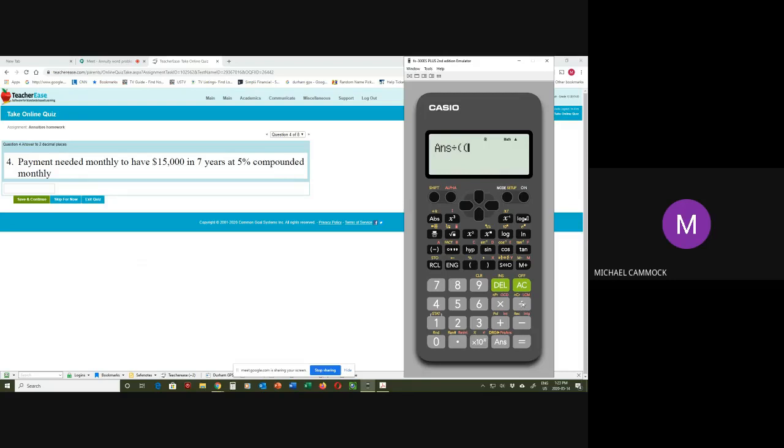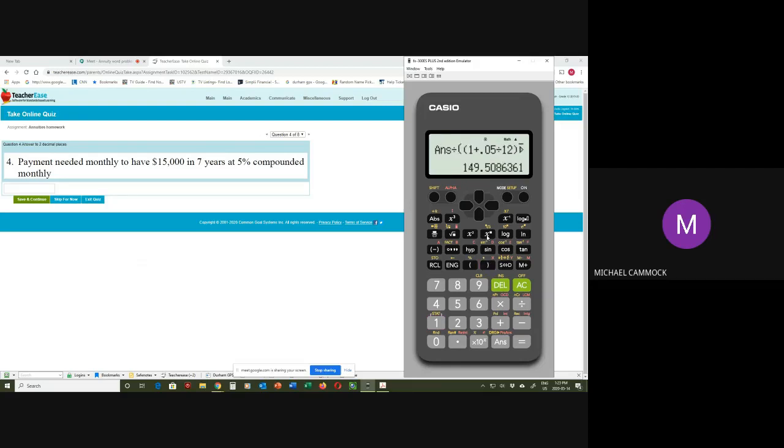Bracket, 1 plus 0.05 divided by 12, raised to the power of, using this key right here, 7 times 12, so 7 times 12, right? Go over 1 and minus the 1, and then close my bracket. Here's my answer.